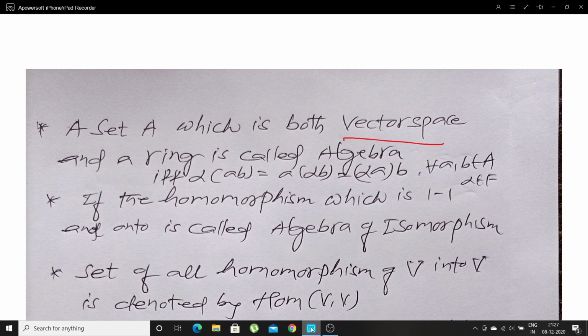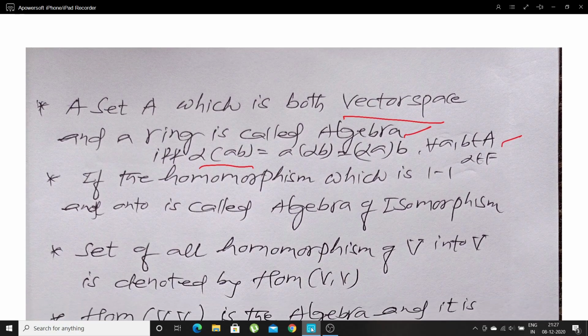A set A, of course non-empty, which is both a vector space as well as a ring is called an algebra if and only if alpha of AB is equal to alpha A of B, or we may write it as alpha A of B, for all A, B belonging to the non-empty set A.